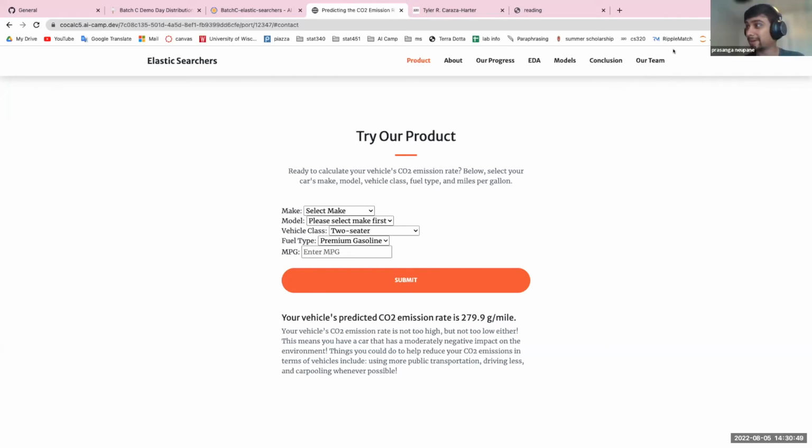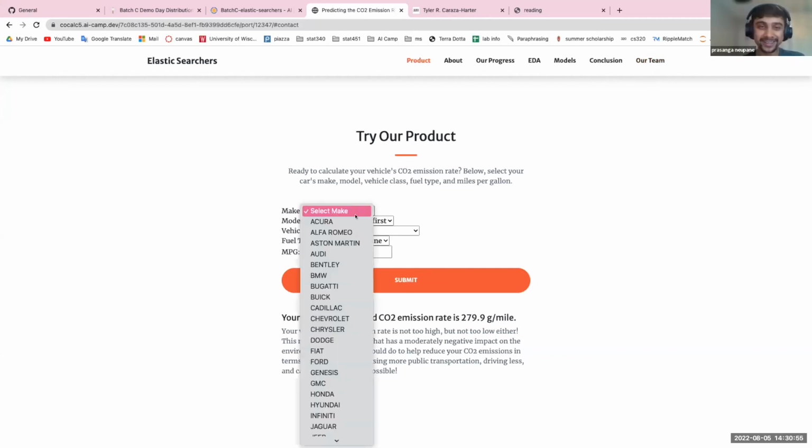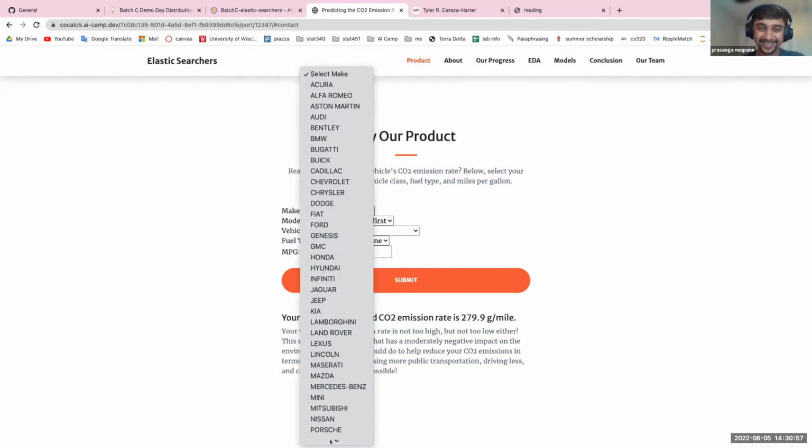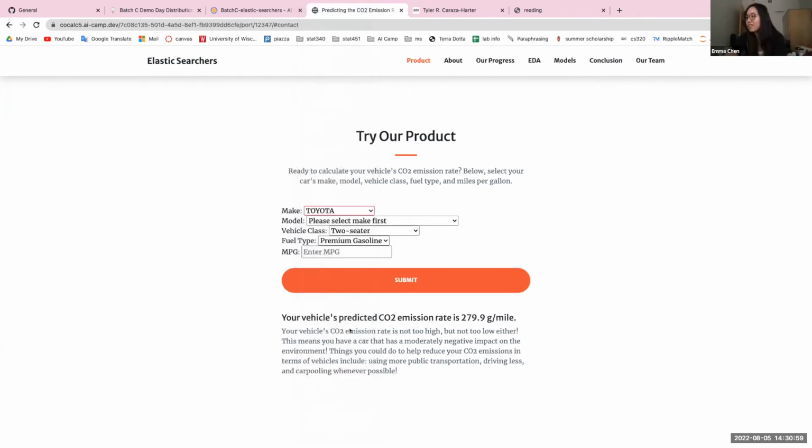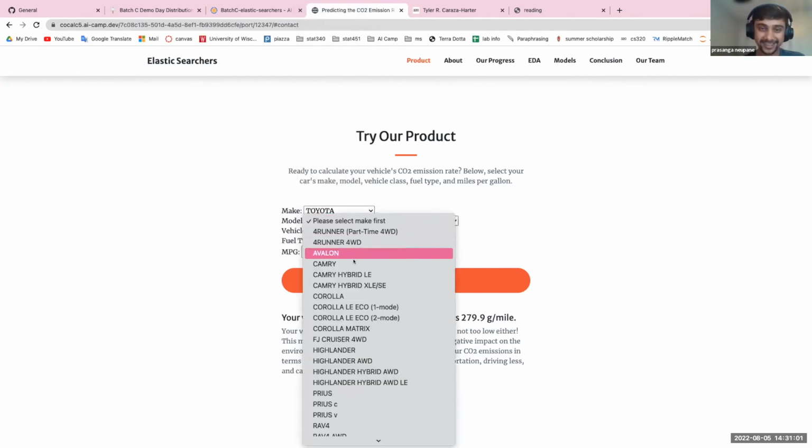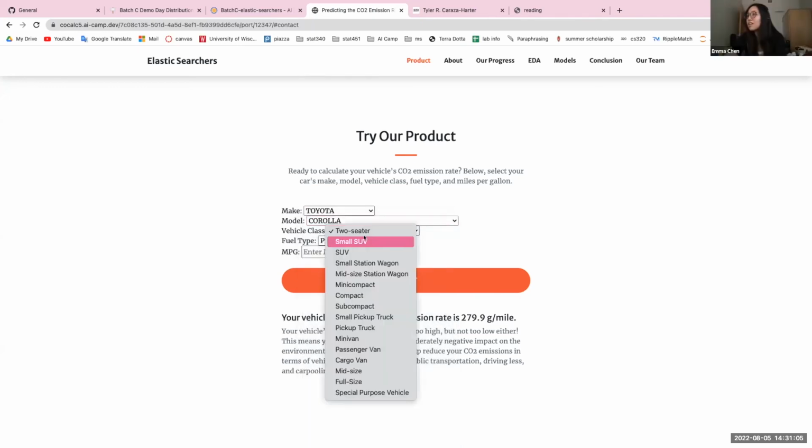Okay, if you guys don't mind, can I try one more? Oh, yeah. Can I do a Toyota Corolla? Toyota. So T? Toyota, Corolla. This one? Yeah, the first one. Mid-size.